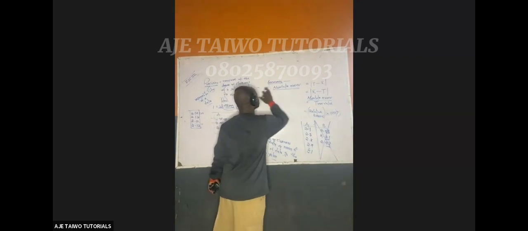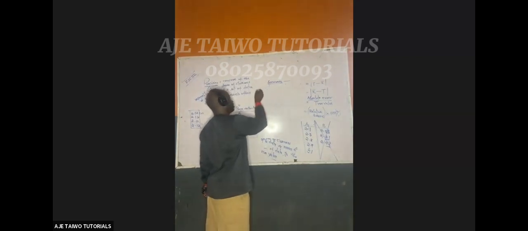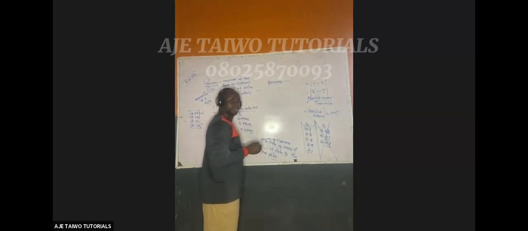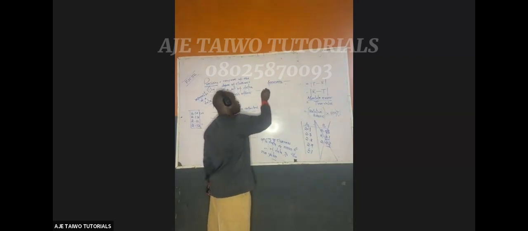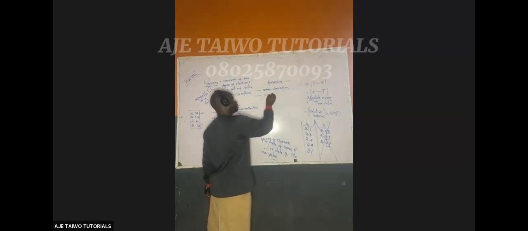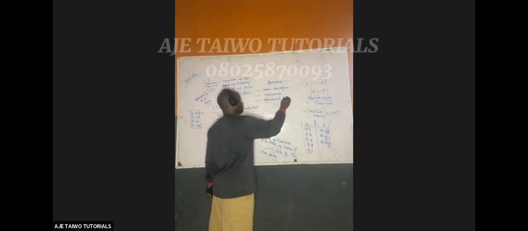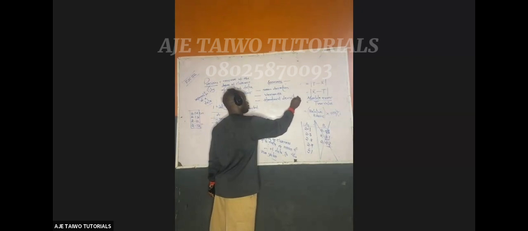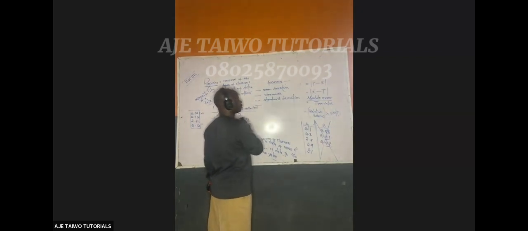Precision of data is determined by, one, mean deviation. Two, variance. Three, standard deviation. Four. What's four? Help me now.